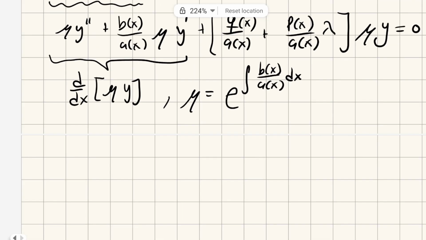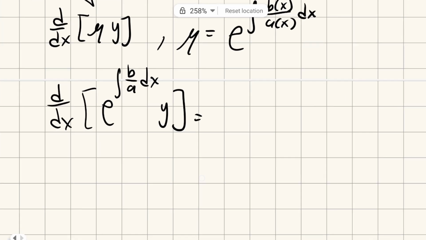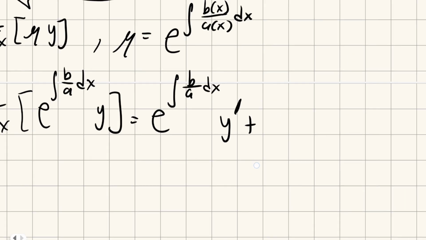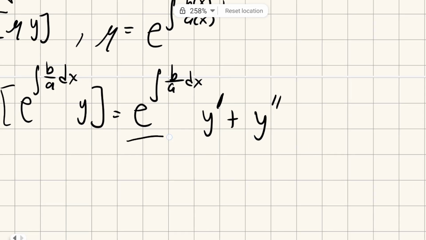So just to verify, if we calculate the derivative with respect to x of e to the integral of b divided by a dx times y, we will get e to the integral b divided by a dx times y prime, and then plus y double prime times the derivative of this.